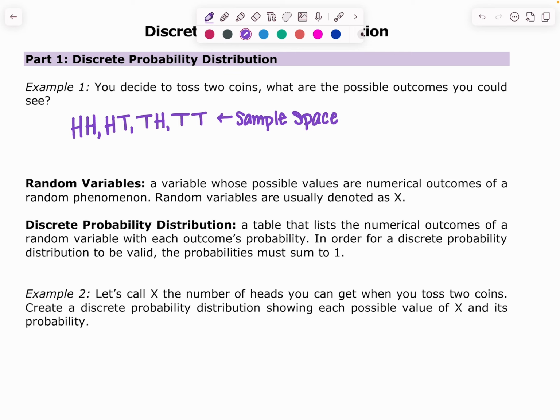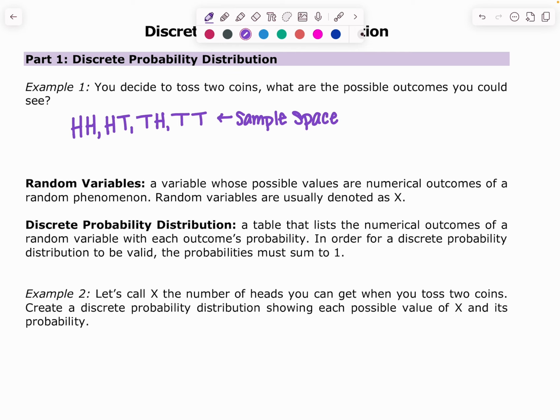A discrete probability distribution is a way to list out this random variable with the numerical outcomes of the random variable with its probability. In order for a discrete probability distribution to be valid, the probabilities must sum to 1.